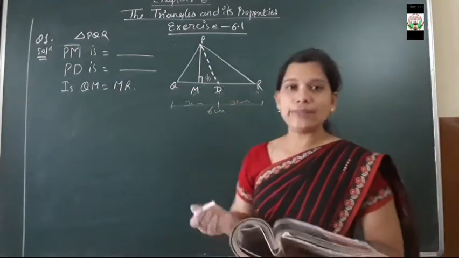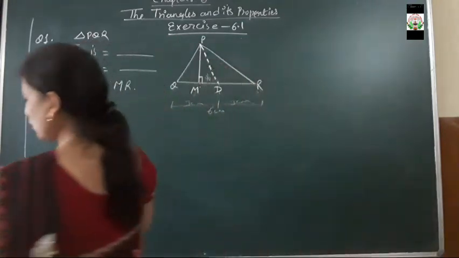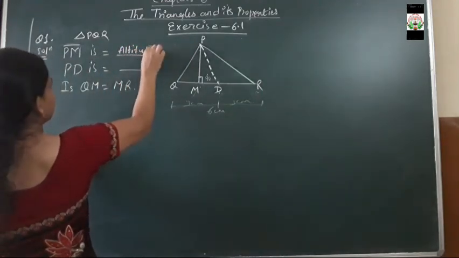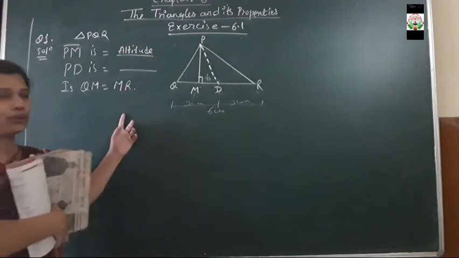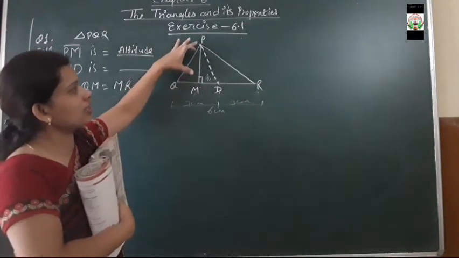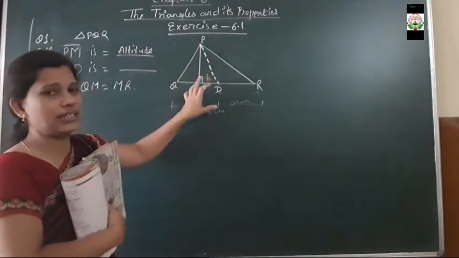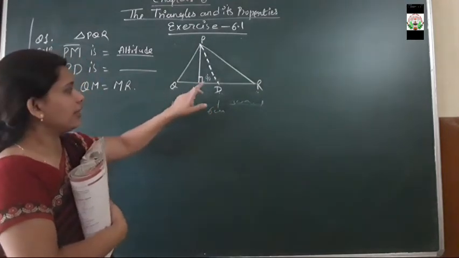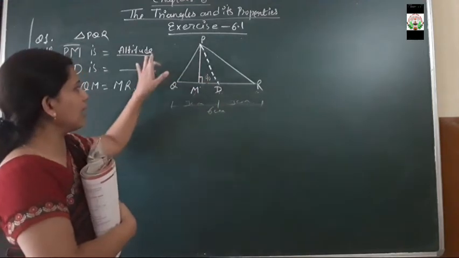So PM is an altitude. What will be the answer for the first figure? PM is an altitude, as the altitude definition is from the vertex to the opposite side, it makes a perpendicular line to the opposite side of a triangle. That's why the notation is given. So PM is an altitude.